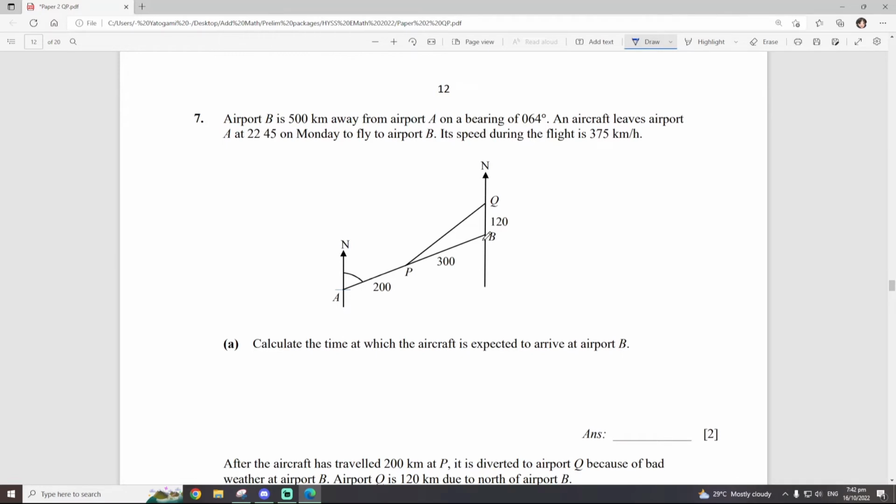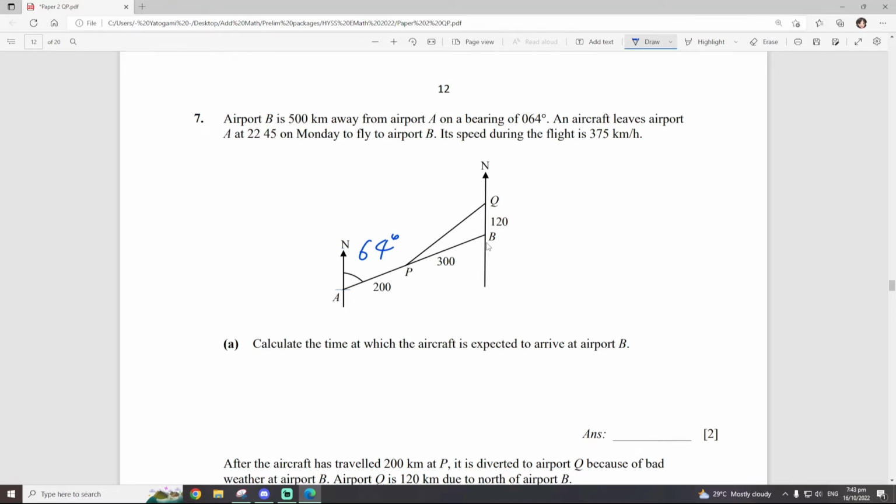Okay, trigo. Airport B is 500 km away from airport A, on a bearing of 64 degrees. An aircraft leaves airport A at 22:45. The aircraft is expected to travel at 375 km per hour, and that is a 500 km flight.